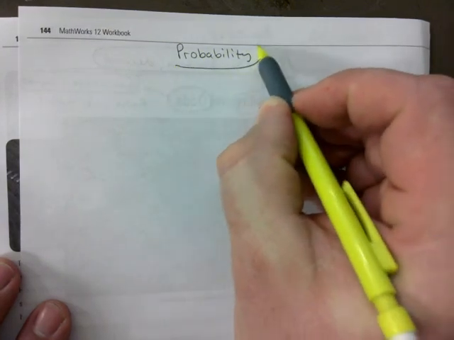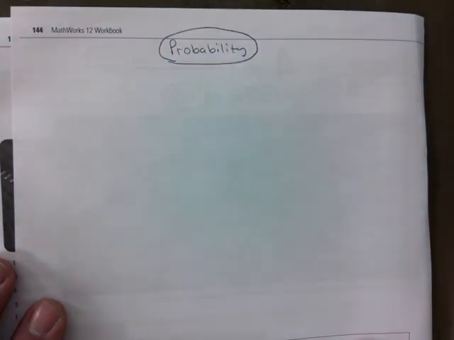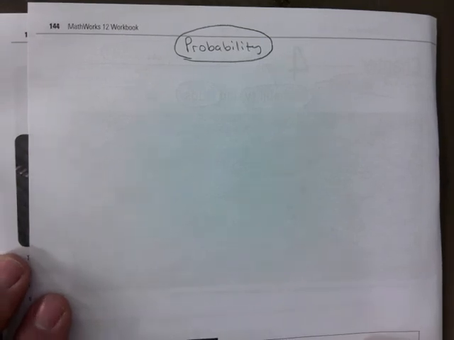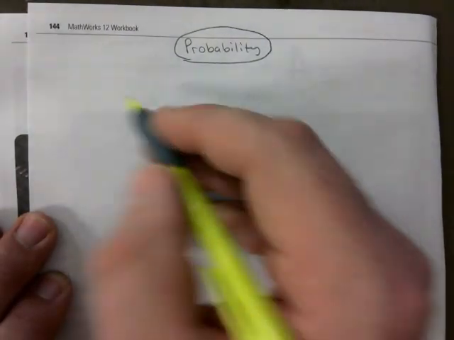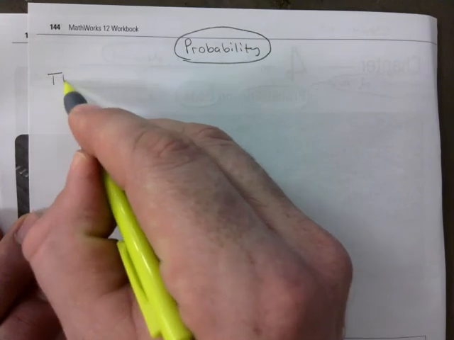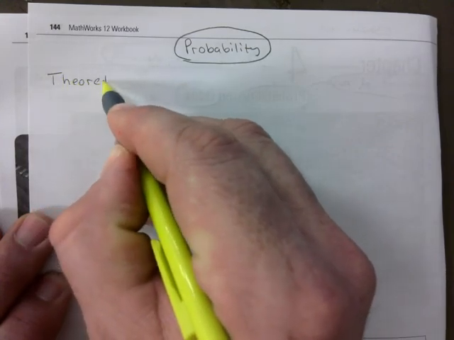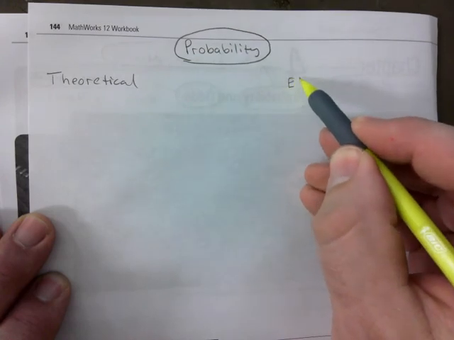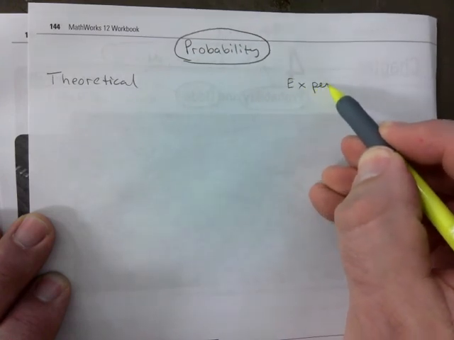When we're talking probability in this course, and actually in general, but nobody explicitly makes a distinction between the two, there's something that we call theoretical, and a different one that we call experimental.